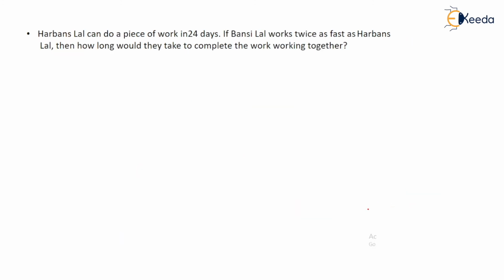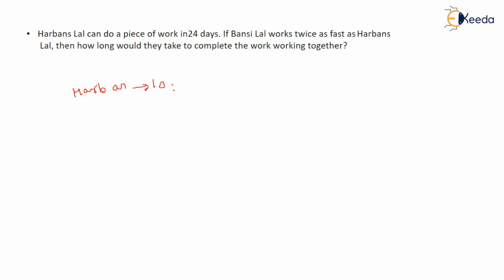Next question. There is a person, Harbans Lal, who can complete a piece of work in 24 days. If Bansi Lal worked twice as fast as Harbans Lal, then in how many days can they complete the work? So in such type of question, what you have to assume? You have to assume that there is a person whose name is Harbans Lal.